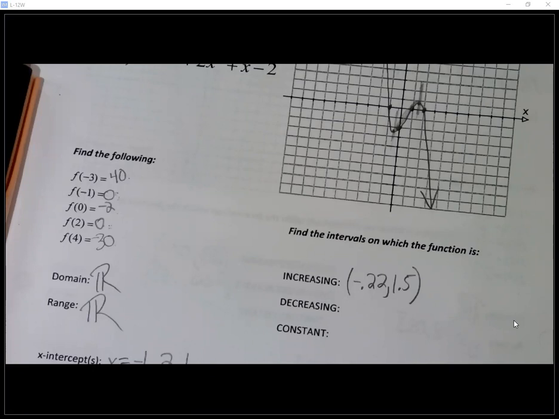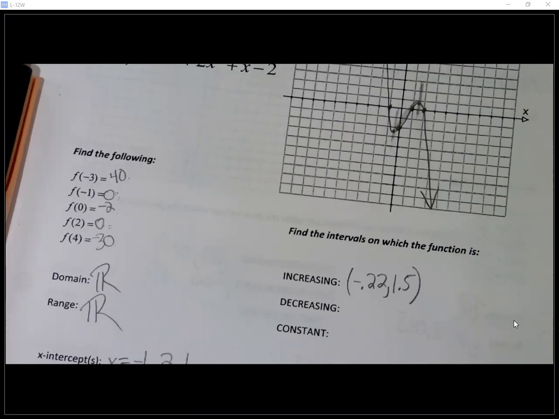Even though it's way up here, it still is on its way down. You with me? So this thing will be decreasing from negative infinity all the way up until I hit negative 0.22. That's where I'm decreasing for this first bunch.